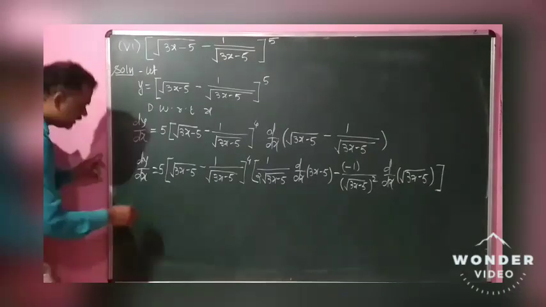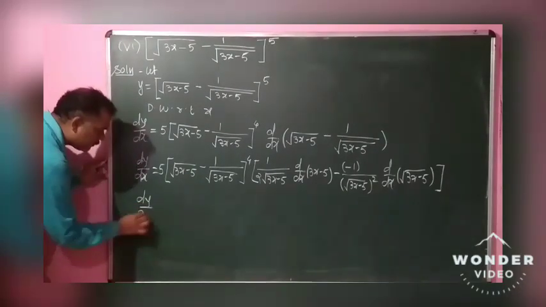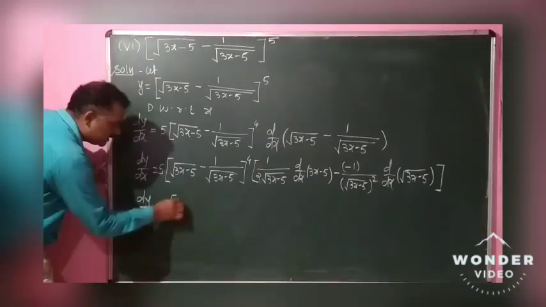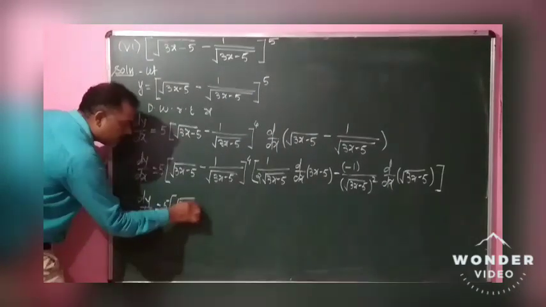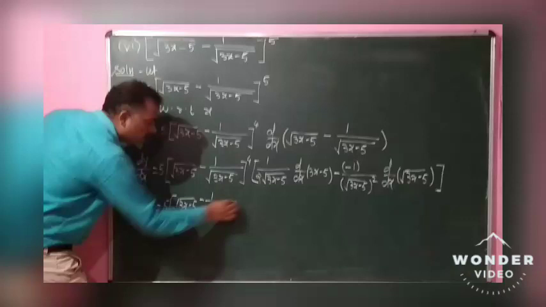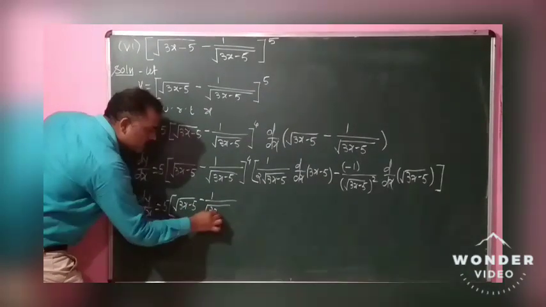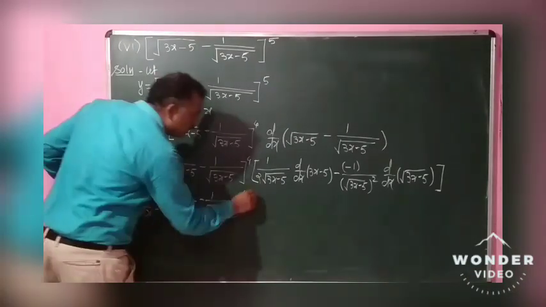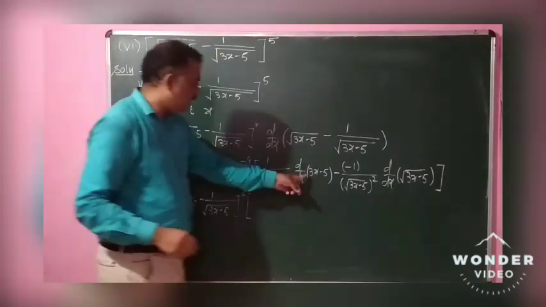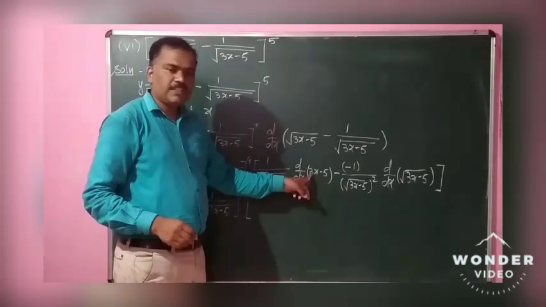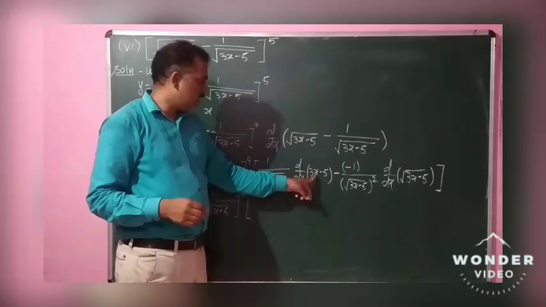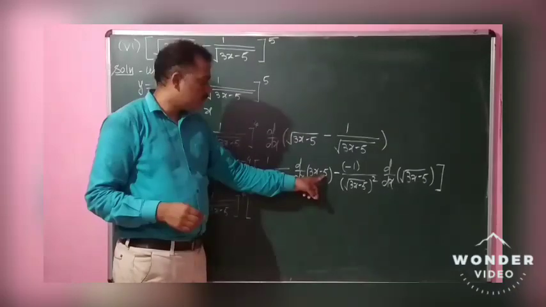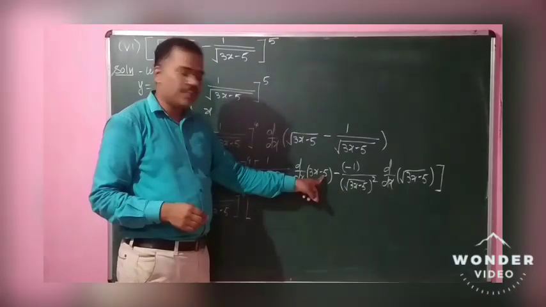Now dy by dx is equal to 5 into (square root of 3x minus 5 minus 1 upon square root of 3x minus 5) raised to 4 into, what is the derivative of 3x minus 5? 3 is a constant, so we take it outside. The derivative of x is 1, 1 into 3 is 3. The derivative of minus 5, a constant, is 0.